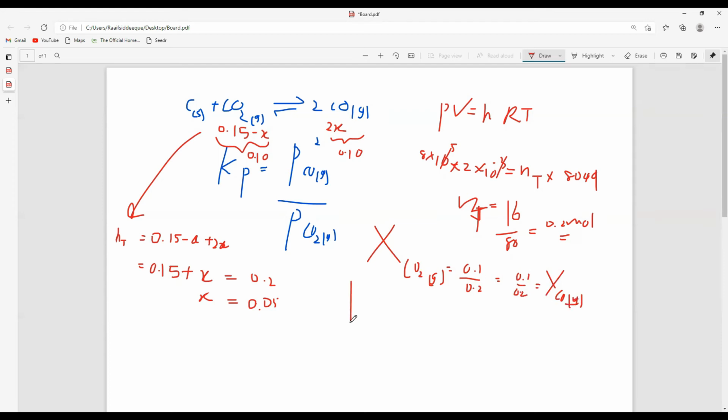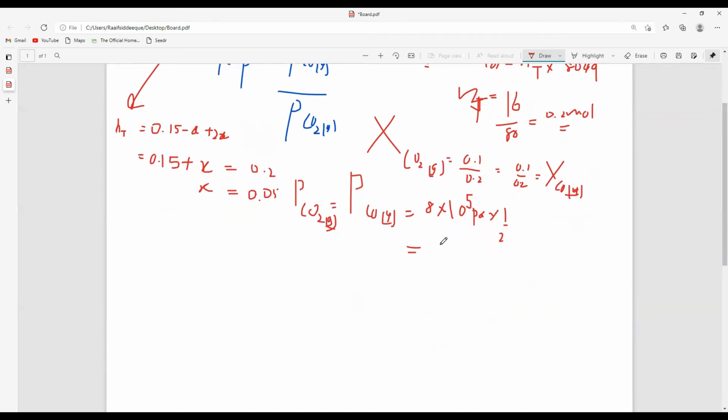Then you can write down the partial pressure of CO gas, from the total pressure that is given here, which is 8 into 10 to the power 5. According to Dalton's law, partial pressure is equal to mole fraction times total pressure. So this is 1 over 2, and so this is going to be equal to the partial pressure of CO2 gas as well. So this is 4 into 10 to the power 5 Pascal, right?